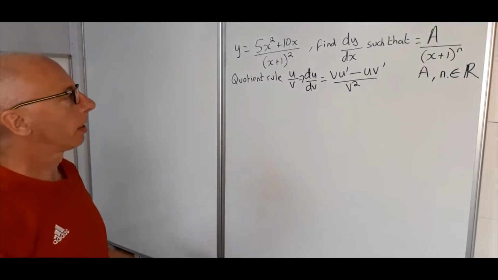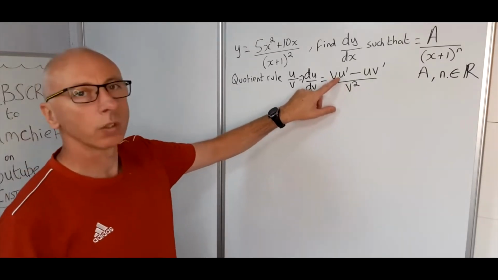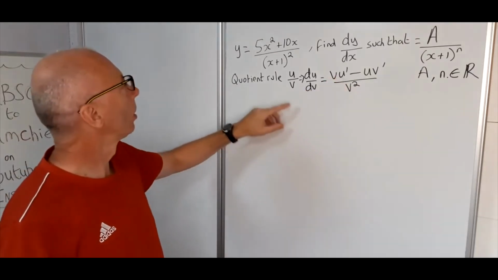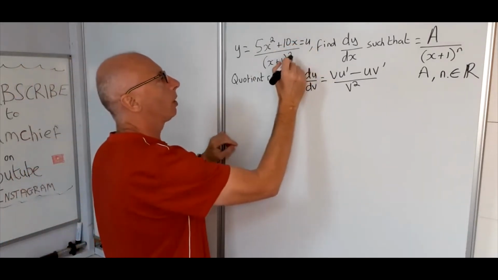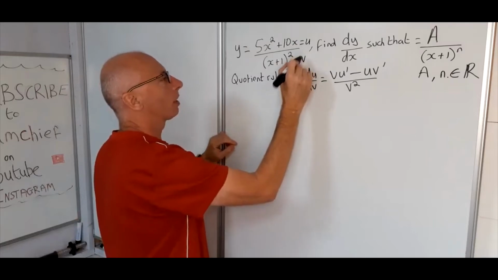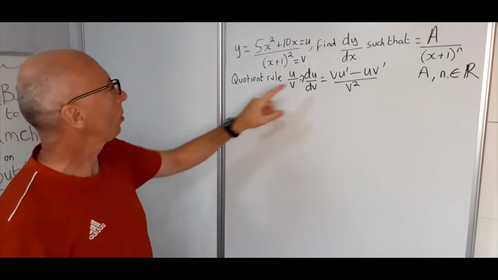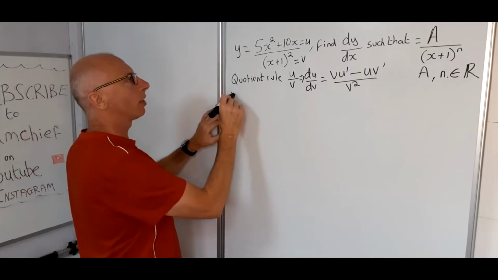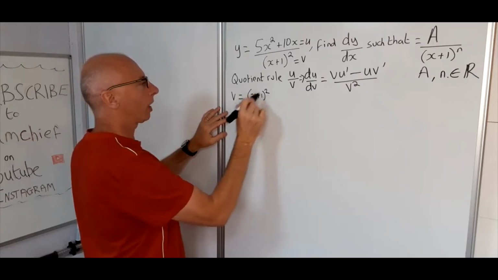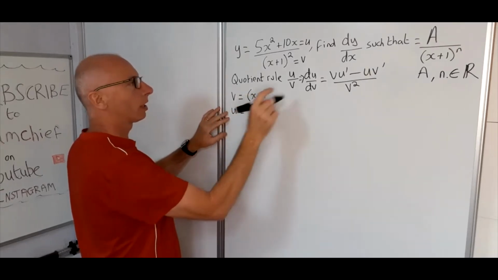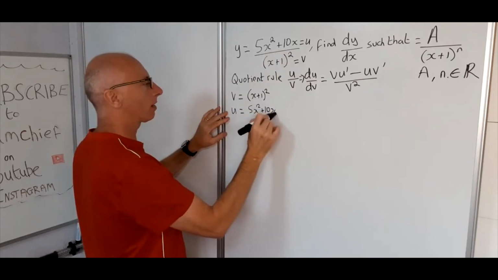Okay, so in this formula here, we need to assign what we're going to call v and what we're going to call u. So the numerator will be our u and the denominator will be our v. So let's just write these down here. v equals (x plus 1) squared, u equals 5x squared plus 10x.